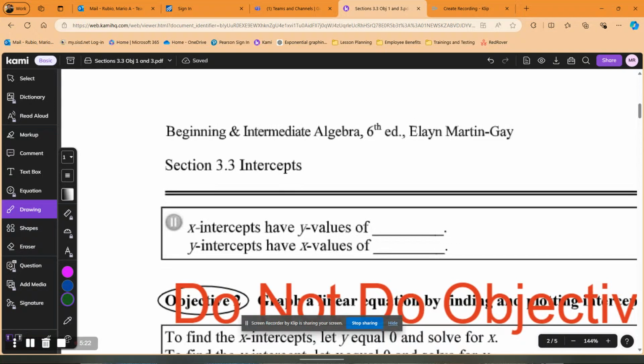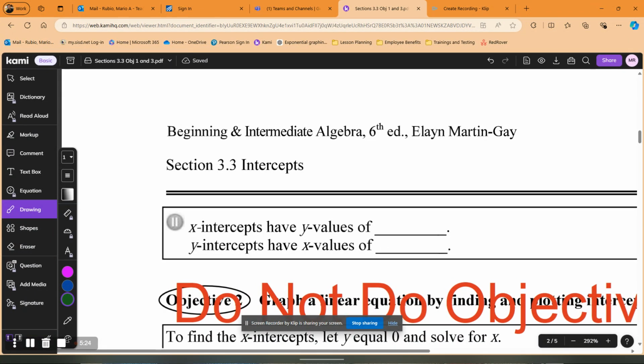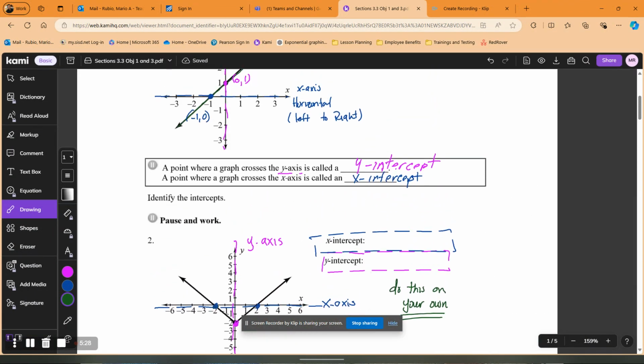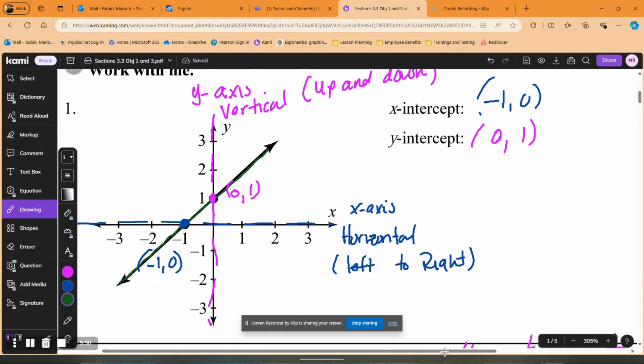Let's look at this last definition. X-intercepts have y values of, well, let's take a look at our first examples. Did you notice something? What's the y value of the x-intercept? The x-intercept has a y value of 0, but the y-intercept has an x value of 0.